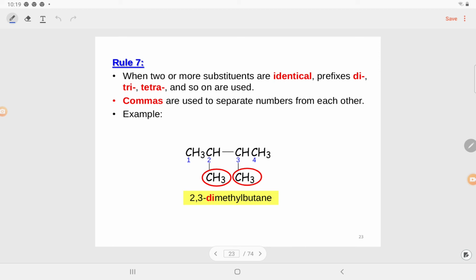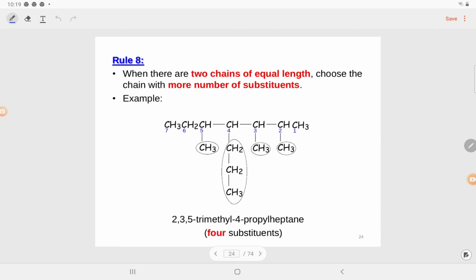So the next rule: if we have similar substituent groups attached to different carbon atoms, you just label how many of the substituent there are and label their locations. Remember, if we have two substituents here, the numbers must be separated with a comma symbol, and the numbers to the name with a hyphen symbol.